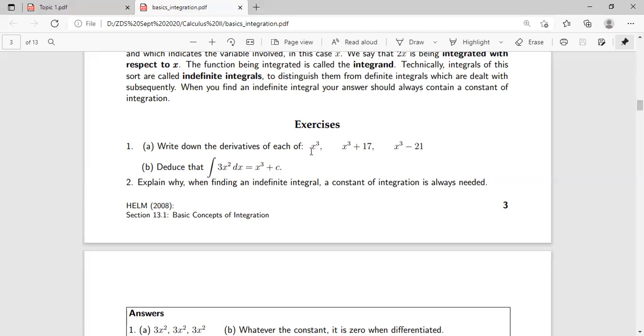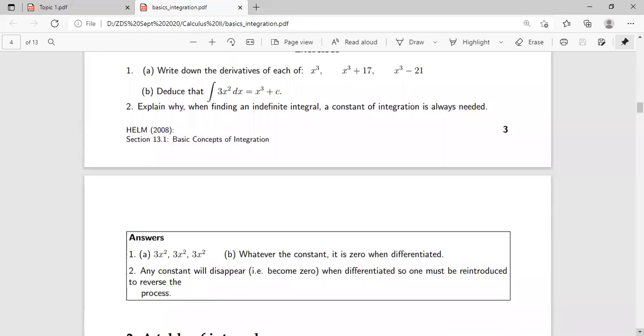So that will give us 3x squared. The same applies to the second one and the third one. The only difference is that they have a constant. So kindly note that whatever the constant, it is 0 when differentiated. Then we've been asked to deduce that the integral of 3x squared dx is equal to x cubed plus c.